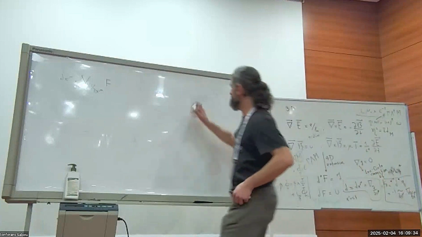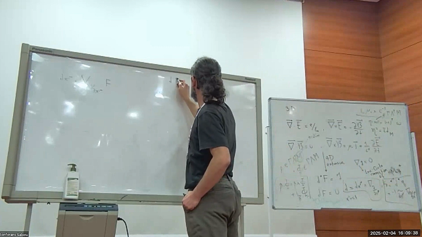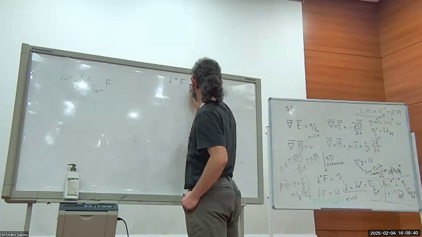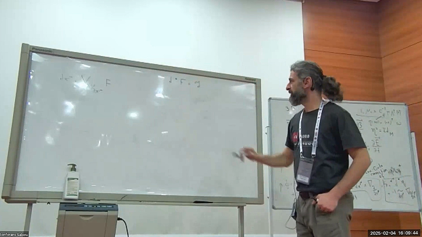Before doing that, I'd like to show you that d star F is the free-form current density. Okay.